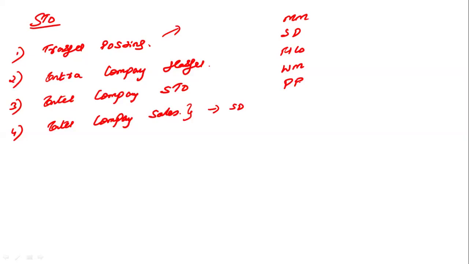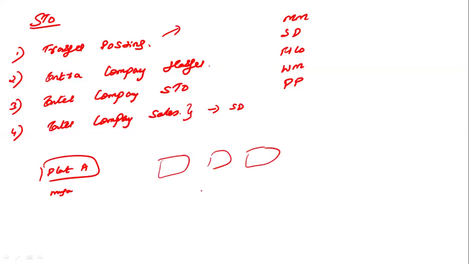If the requirement is a bit huge, let's say plant A needs to manufacture. Assume that plant A is your manufacturing plant, and this manufacturing plant keeps on manufacturing the material and storing it. The remaining plants, every time they need material, get it from here.